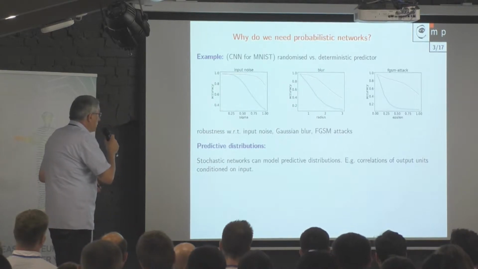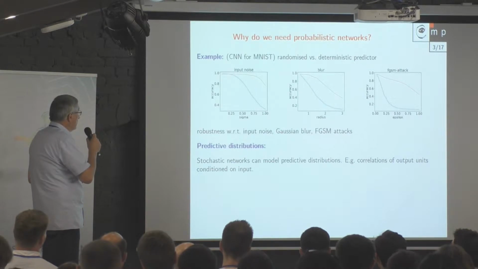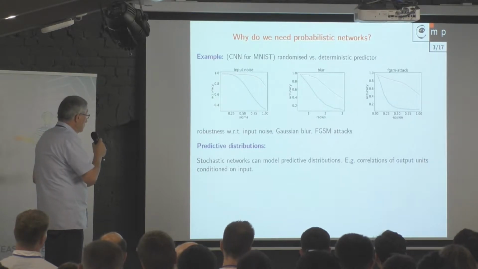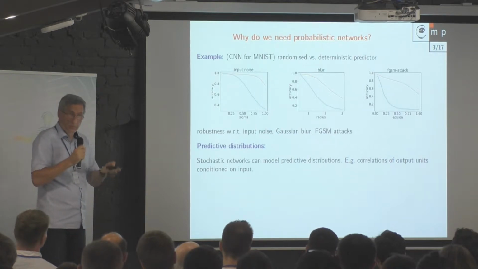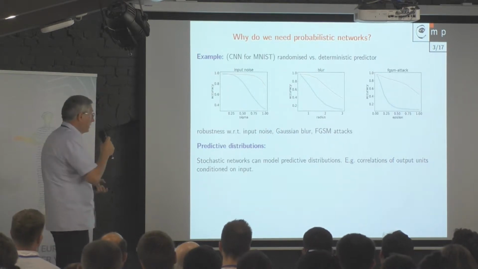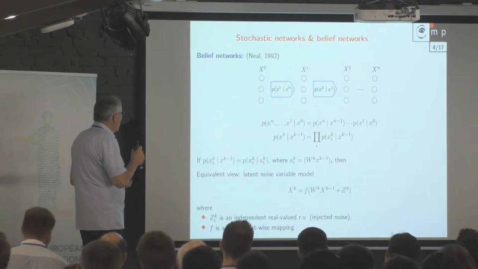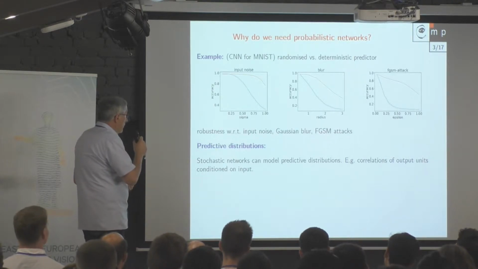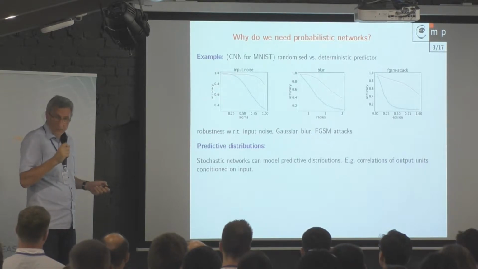And what I'm showing you here is the robustness of the two versions of the network with respect to input noise, Gaussian blur, so if we just blur the image, the digit, and with respect to fast gradient sign attacks. You heard about these adversarial examples.